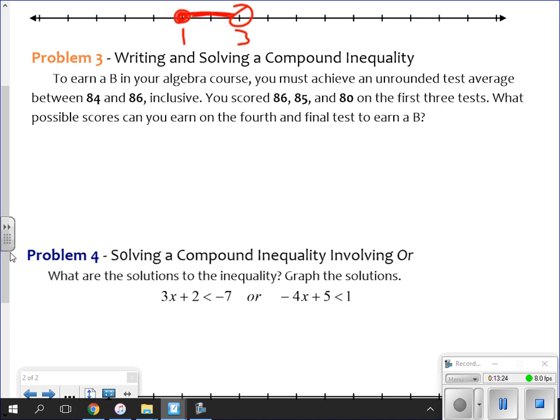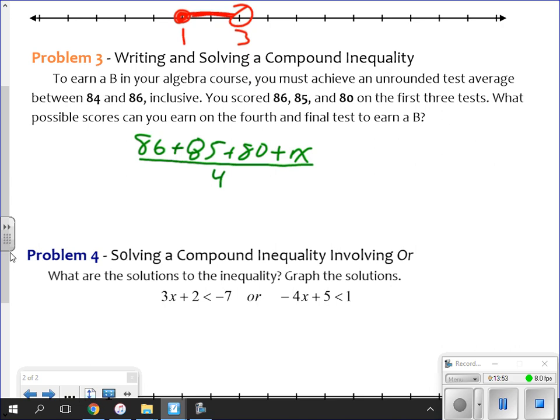So I currently have an 86, and an 85, and an 80, and I want to know what I'm going to get on the next test. Now, how many of those do I have? 4. So to find my average score, I take that, divide it by 4. Does that make sense?